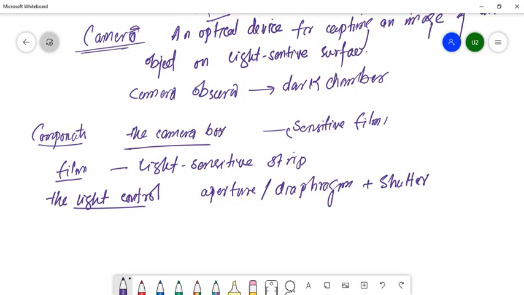Okay, so aperture or diaphragm is like the iris of the human eye, and it is an opening through which light enters the camera.